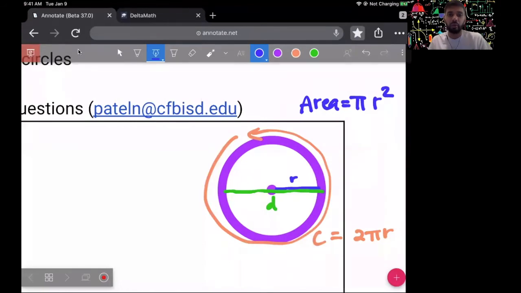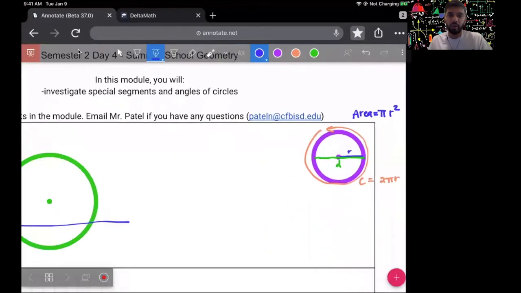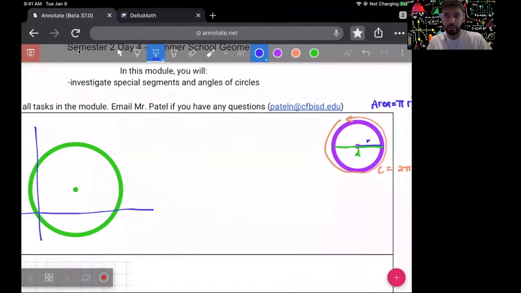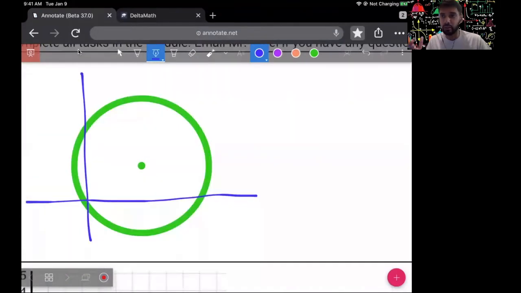But now we're going to talk about circles related to geometry. If you had a calculator and you wanted to graph the picture of a circle, there's a way to do that. The first thing we need to know is the radius, that's some number, and I'll just use r in this picture.